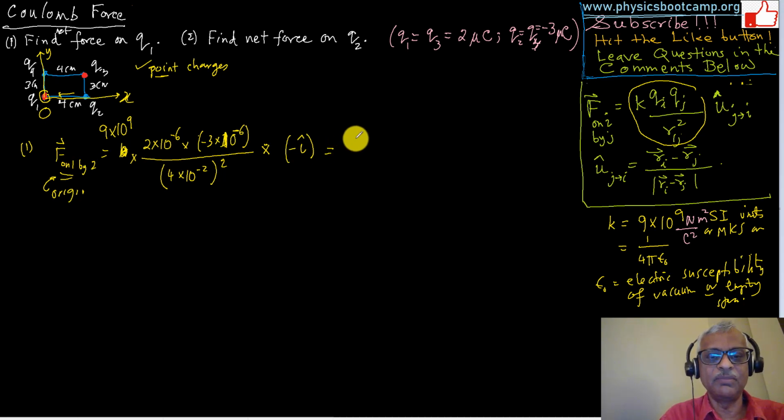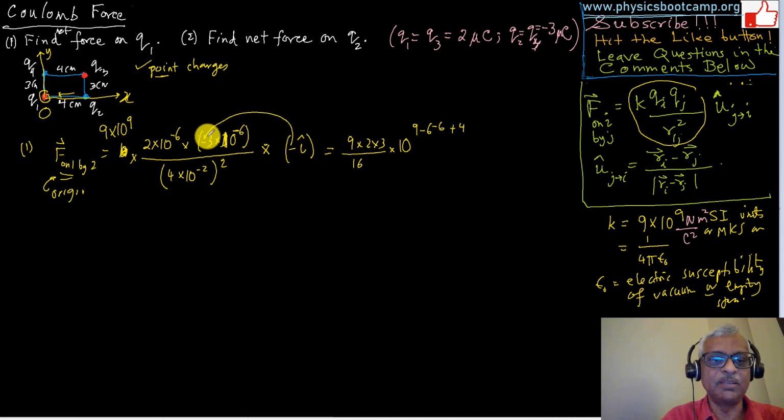You might have another way of doing it, but I tend to take out all the powers of 10 in one place and everything else in another place. So 9 times 2 times 3 over 16, times 10 to the power 9 minus 6, which will be plus 4. And the direction is minus with a minus, so plus i hat.